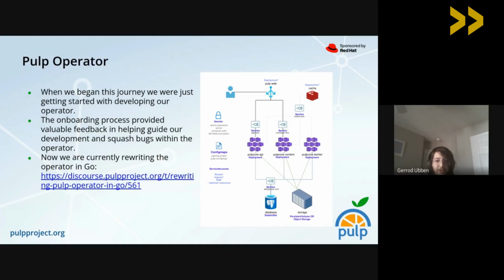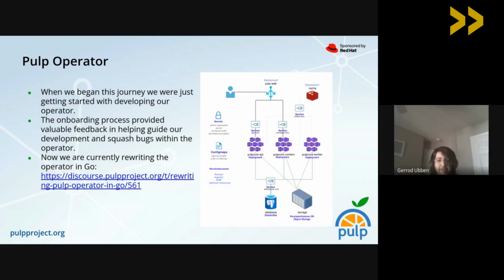At the start of this journey, we decided that we wanted to bring up to development our Pulp operator, which we had just started working on maybe a couple months prior. This opportunity was a huge boon for the development of our operator.